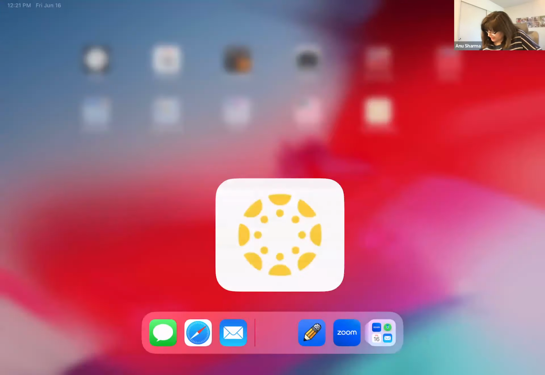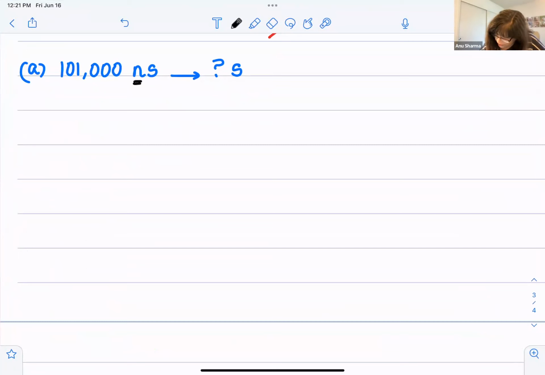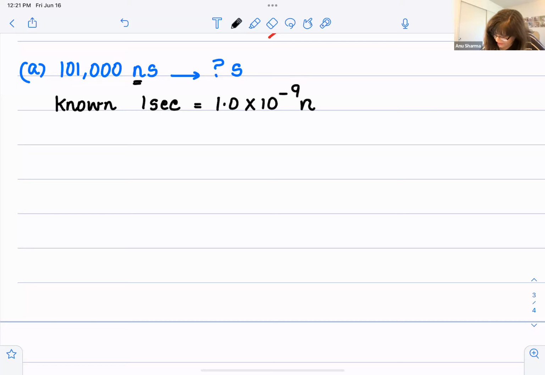So let's do this. We know that 1 second is equal to 1.0 into 10 to the power negative 9 nanoseconds.